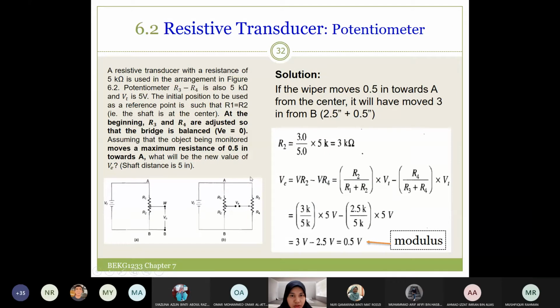Potentiometer R3, R4 is also 5K. So 3 divided by 5 multiplied by 5K, because of the total.